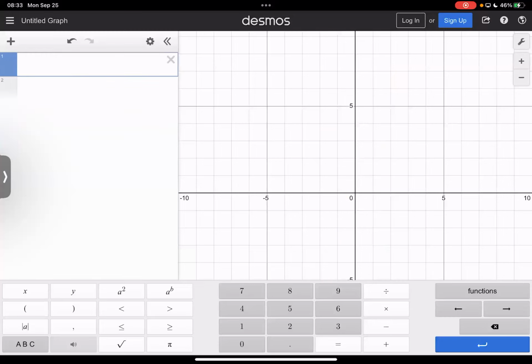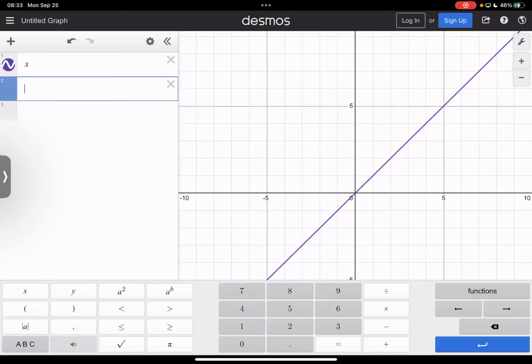Or is that going to work? It's going to be hard to see because all of these are symmetric. How about just x and negative x? Well, that's the same as well.